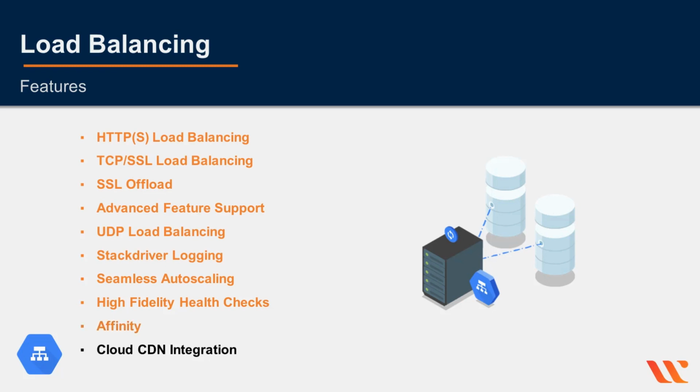Load balancing affinity provides the ability to direct and stick user traffic to specific backend server instances. And finally, Cloud CDN is integrated with load balancing to optimize application delivery for the users.